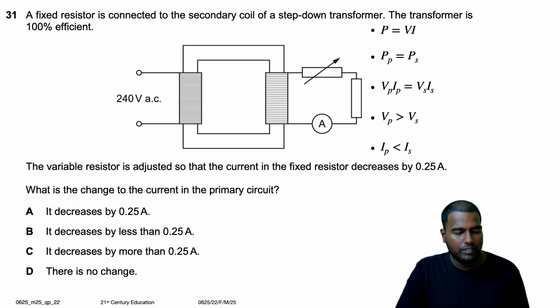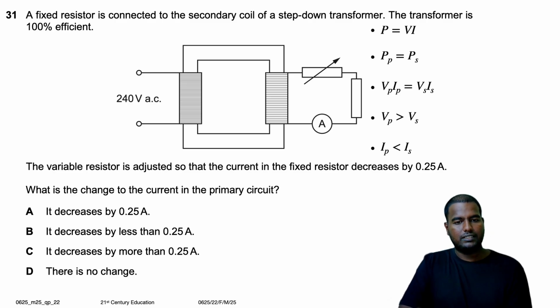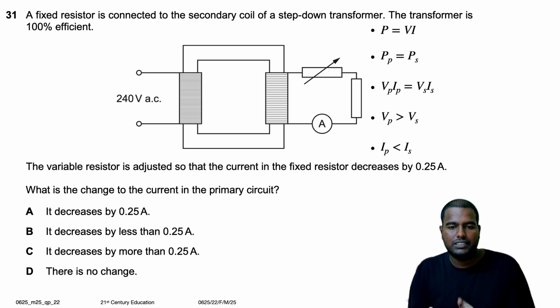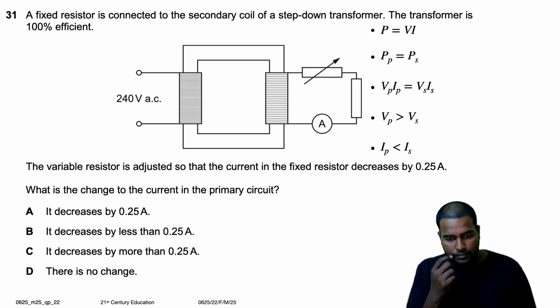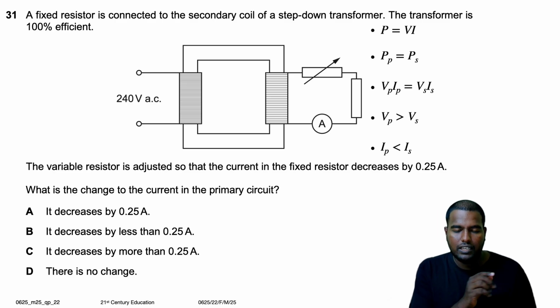Now the variable resistor is adjusted so that the current in the fixed resistor decreases, meaning the current in the secondary coil decreases by 0.25 ampere. For this 0.25 ampere, the primary coil will change by less current, right? Because current in the secondary coil is higher than in the primary coil.